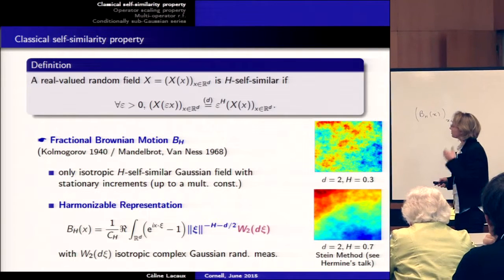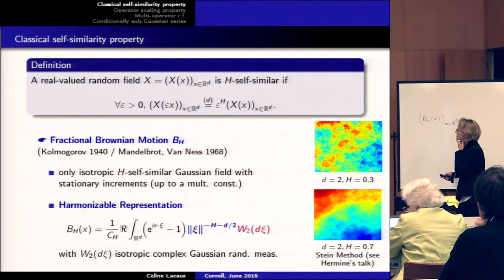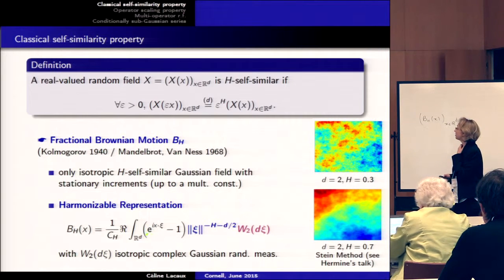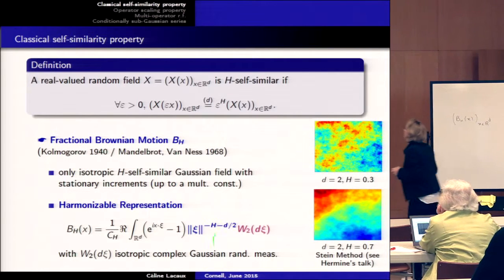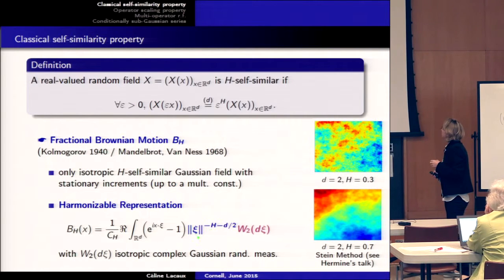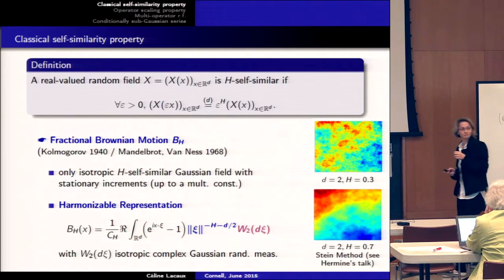What is important to know for the following is the harmonizable representation of the field. You can write it as a stochastic integral. Here you have a random measure, and the integrand is deterministic. What gives all the self-similarity properties is this norm here, which is homogeneous.